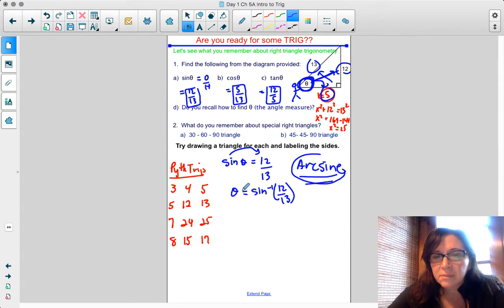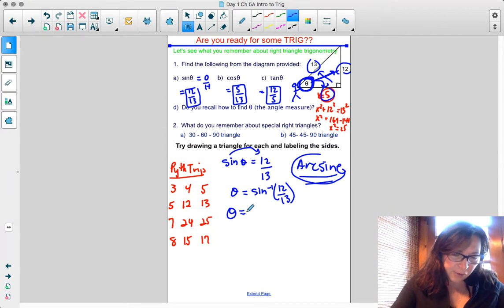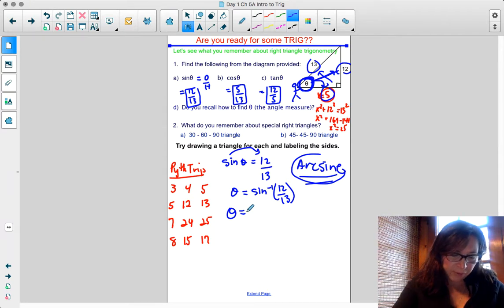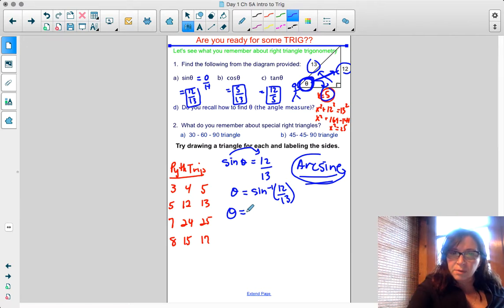Okay. You're going to use a calculator for this. Depending on what calculator you have, I have 12 divided by 13. And I'm going to go arc sine of that value. Let's see, what do I get?